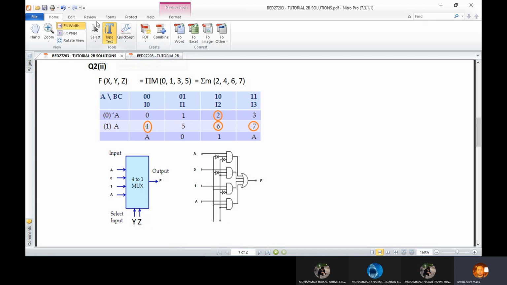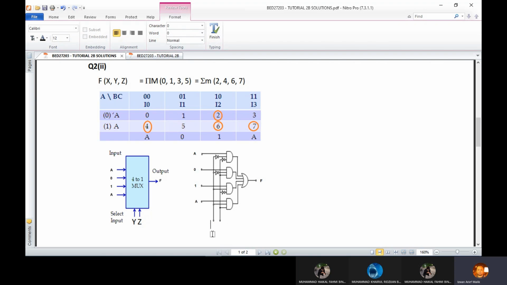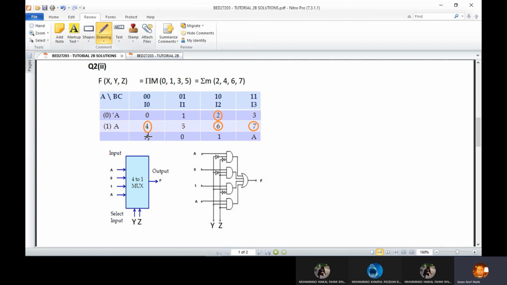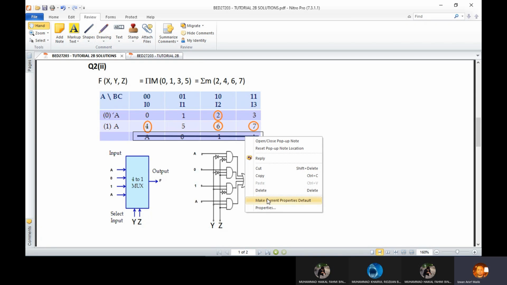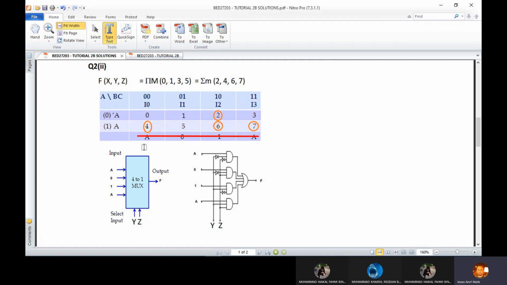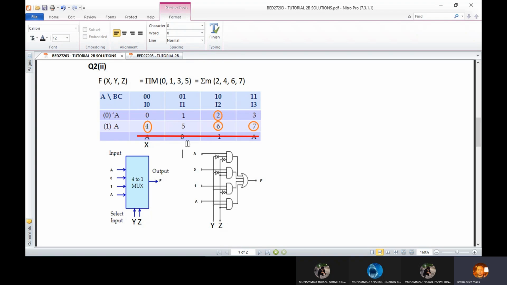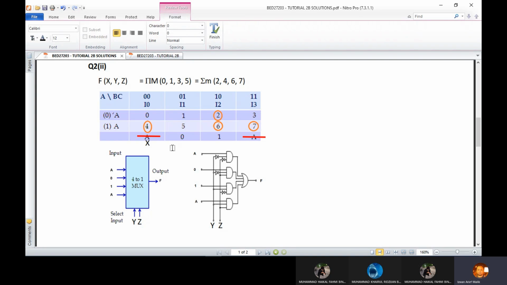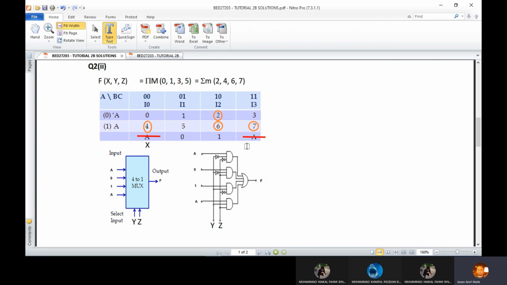Okay, kejap ya. Saya tersilap typo ni. Then here as well, this should be x, this is 0, and so this should be x, this is 0, this is 1, and this is x.